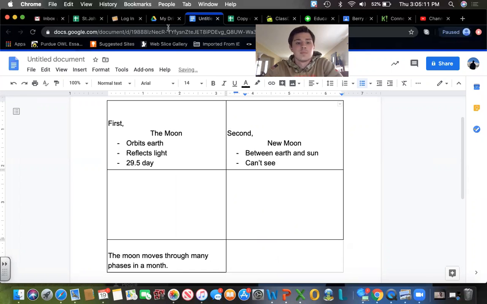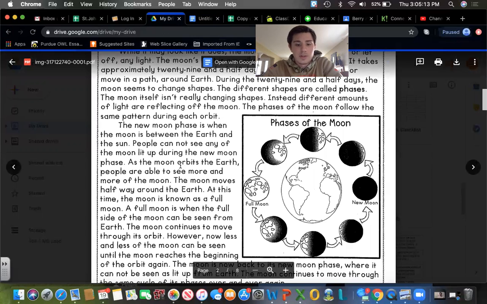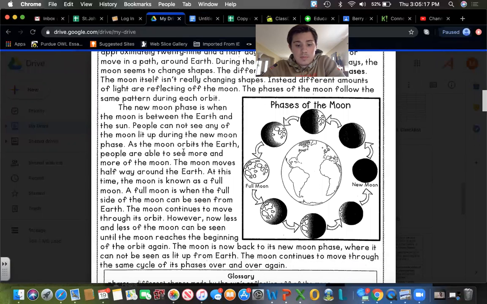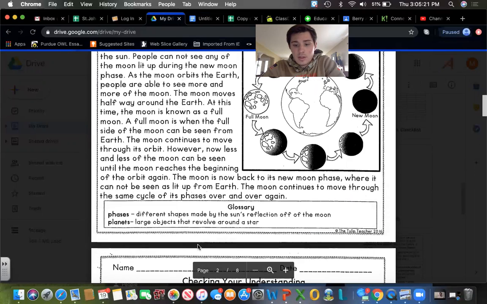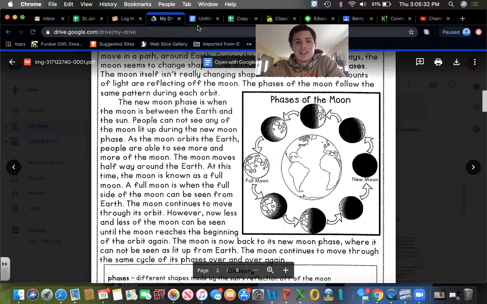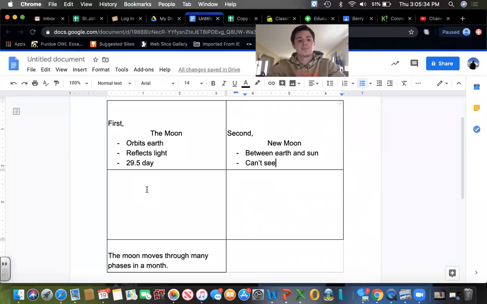All right, let's see if we can find some more information about the moon. I think that might be all of the information that I found for the new moon phase. Now, if I missed something, it'd be a great thing to add in your comments and let me know that I missed it. All right, so we can move on to the third box now.